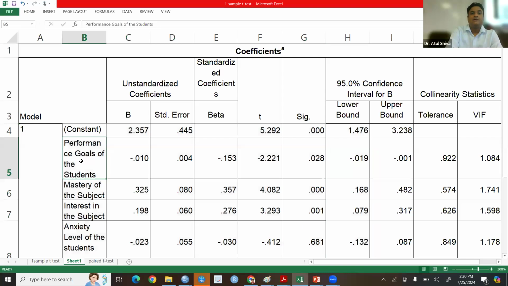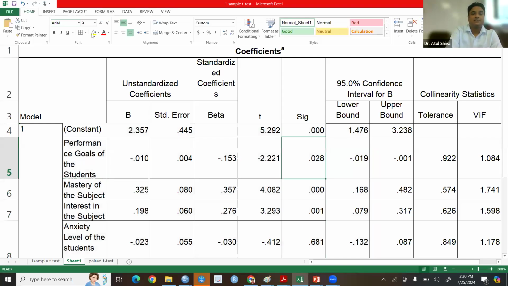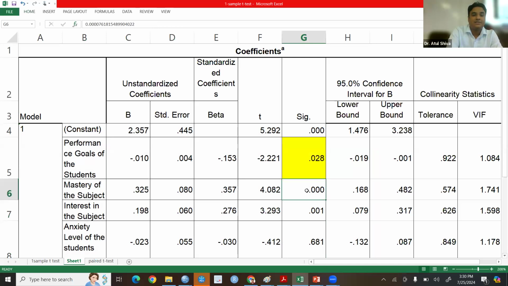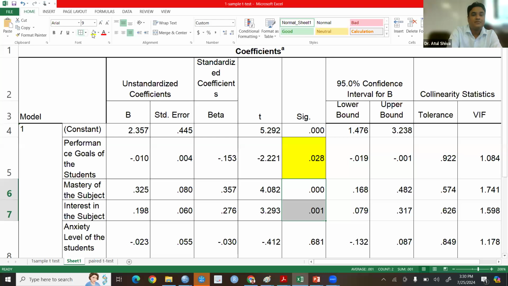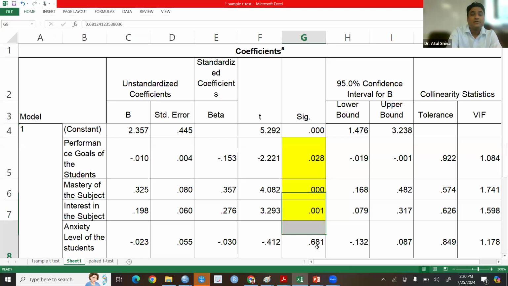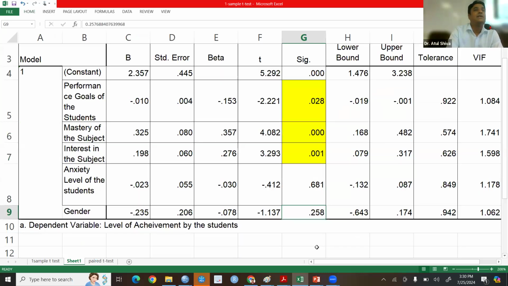Performance goal is significant, that means the p-value is less than 5%. It is an important variable. Mastery of the subject is important. Interest of the subject, yes. Anxiety is not. If the teacher focuses on anxiety, he is wasting his time. Anxiety is not an important predictor of CGPA in this data set.